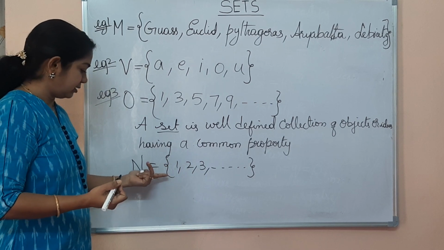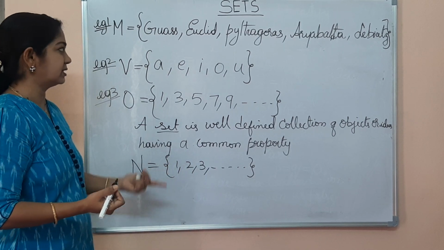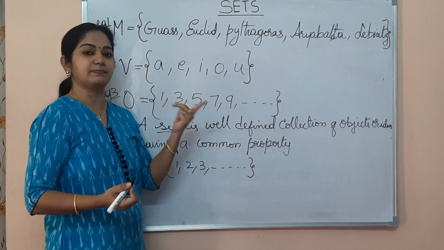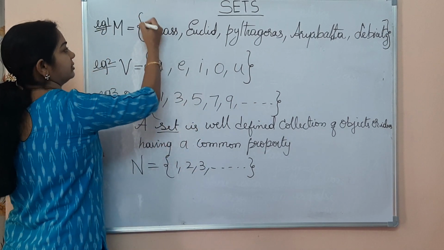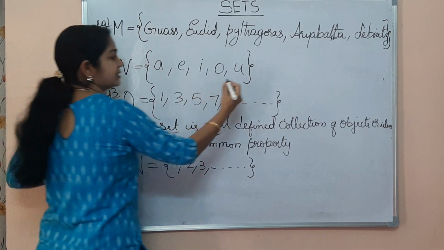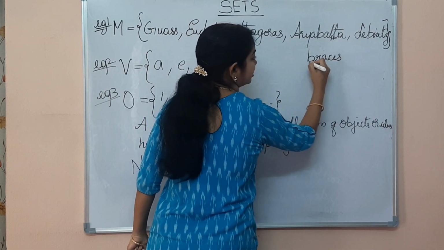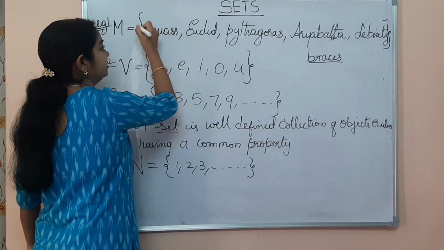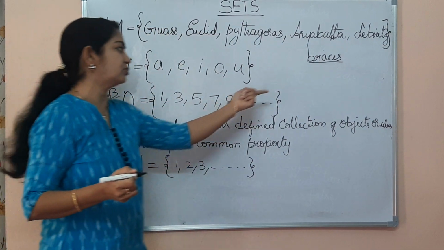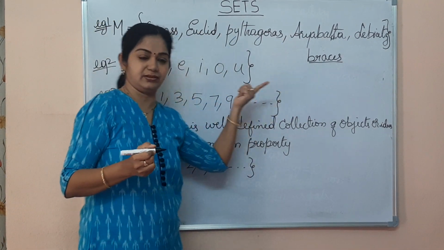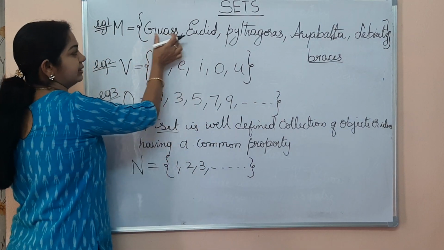Okay, so natural numbers, whole numbers and all these. Here the set is represented with curly brackets, known as braces. Okay, these curly brackets or flowery brackets which we write to represent the set are known as braces. And these are the elements.